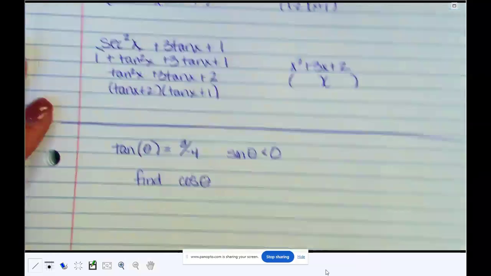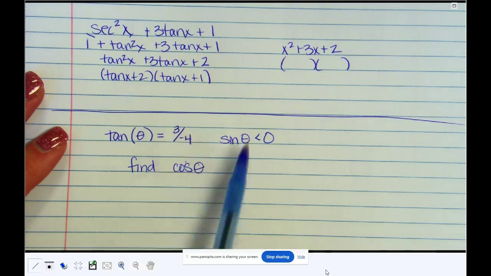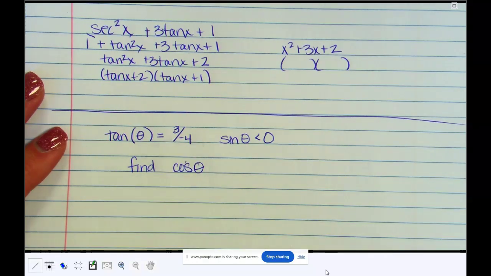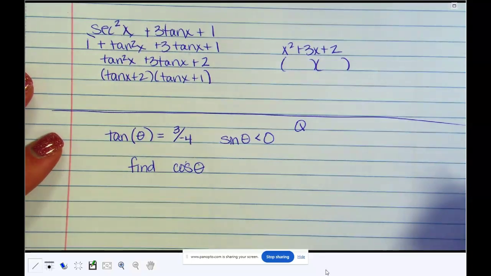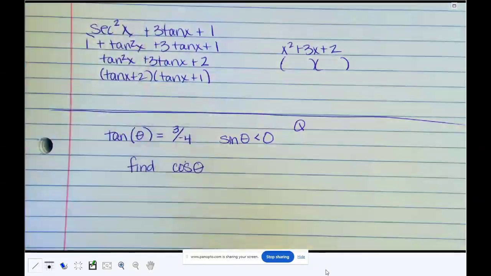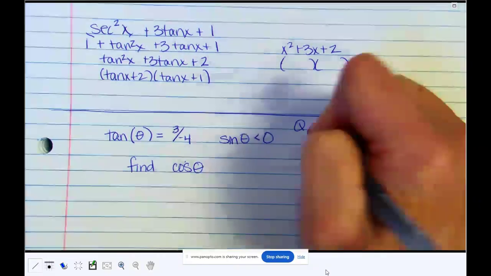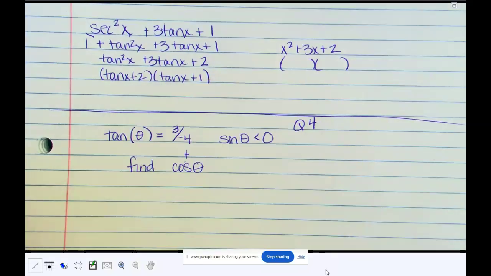Okay, what do you do? Find the quadrant it's in. So I've got a negative sine and a negative tangent. So what quadrant? Is it 4? It's on the right. Yep, it's quadrant 4. So our cosine in that quadrant is positive.